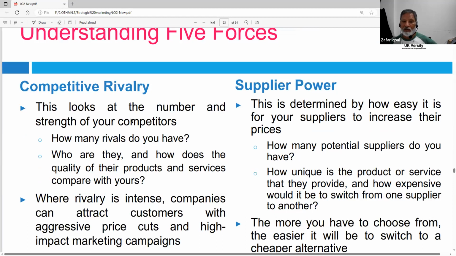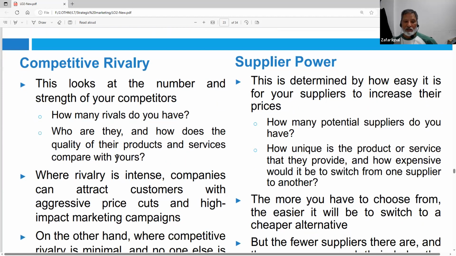Who are they? How do they differ from your products? How does their quality differ from your product? How do they compare with yourselves in providing goods and services? Where are they based? What customers and companies are they using?